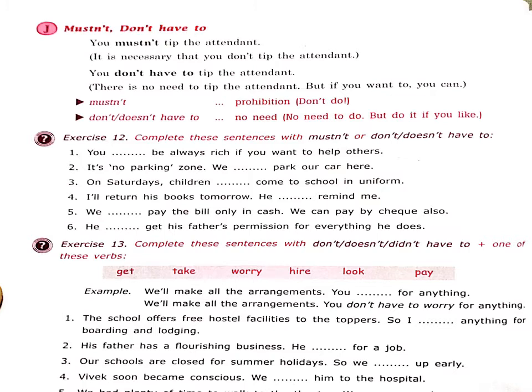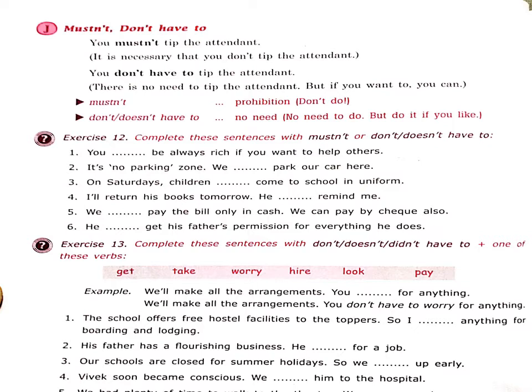Like this, you need to complete the sentences. I'll do one for you, children. Rest you'll do yourselves. The school offers free hostel facilities to the toppers. So I dash anything for boarding and lodging.